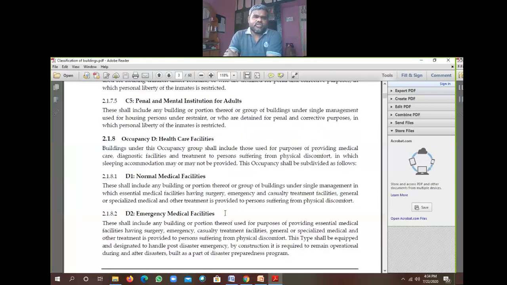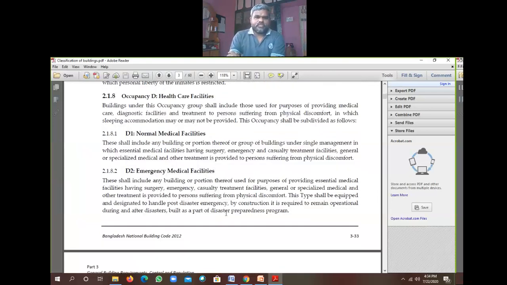And the fourth one is group D, healthcare facilities, right? Buildings in this occupancy group shall include those used for purposes of medical care, diagnostic facilities, treatment of persons suffering from physical discomfort, in which sleeping accommodation may not be provided, right. First one is normal medical facilities.